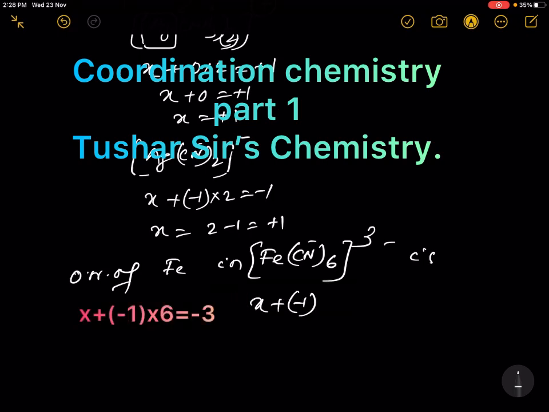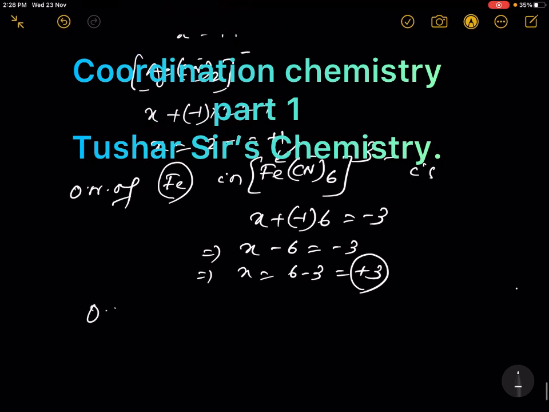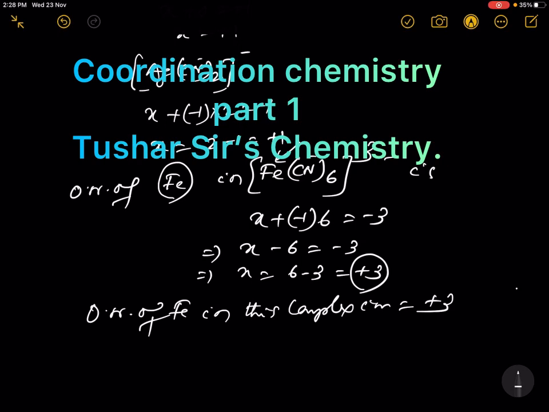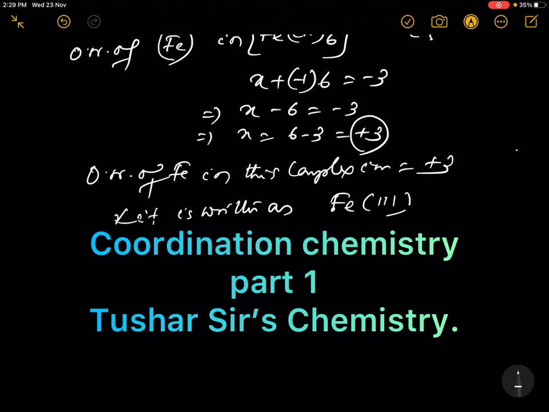So the oxidation number of Fe in this complex ion is plus 3, and it is written as Fe(III), in upper Roman numeral.